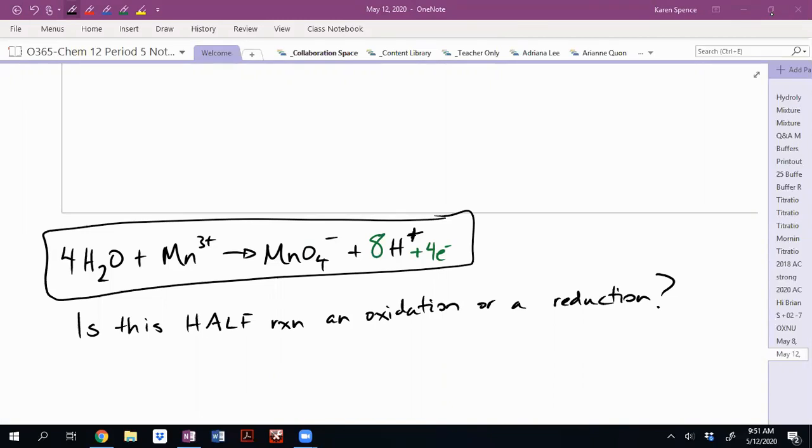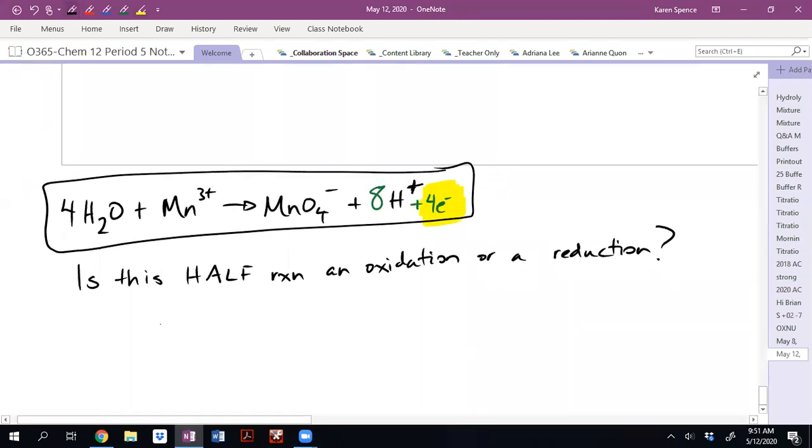Okay, so we can actually look at this from 2 perspectives. We can say my electrons are coming out of the reaction. So the electrons are going out. And if they're going out, that would be the same as the electrons being lost.